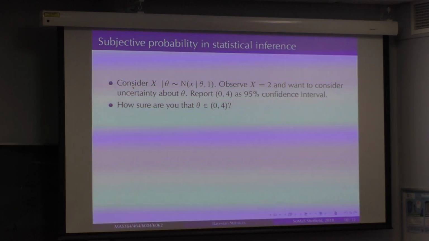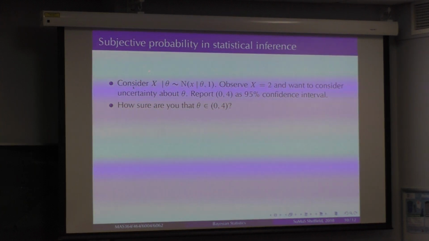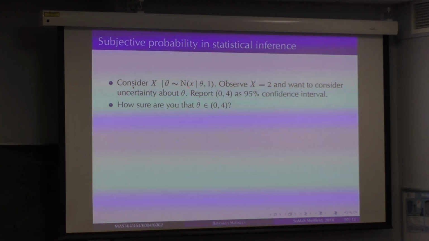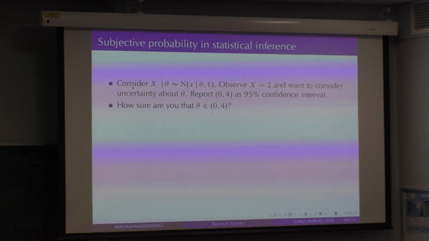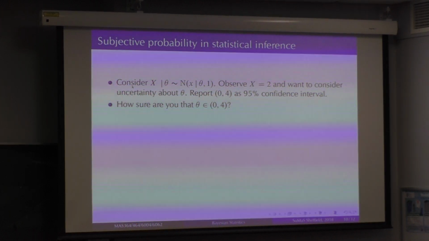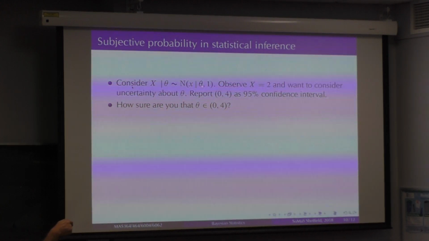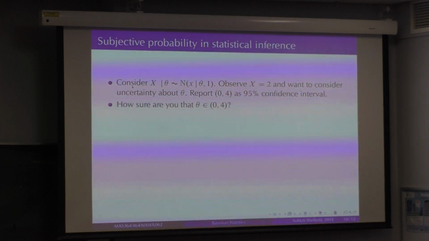So, typical example, you've all done this before. You have data from a Gaussian with mean theta and variance 1, and you have one observation, right? The only unknown quantity here is theta, so you want to make inference on theta. Theta is unknown, okay?